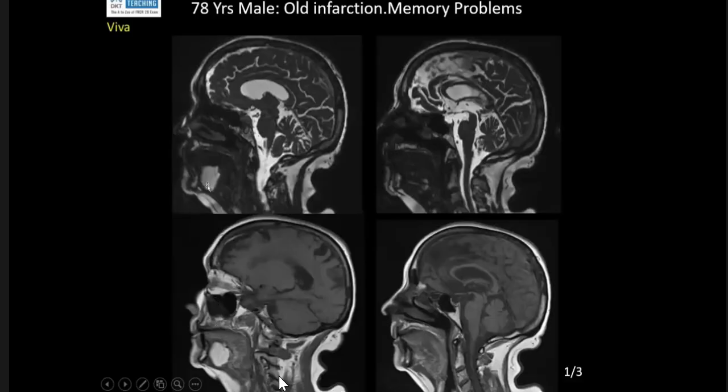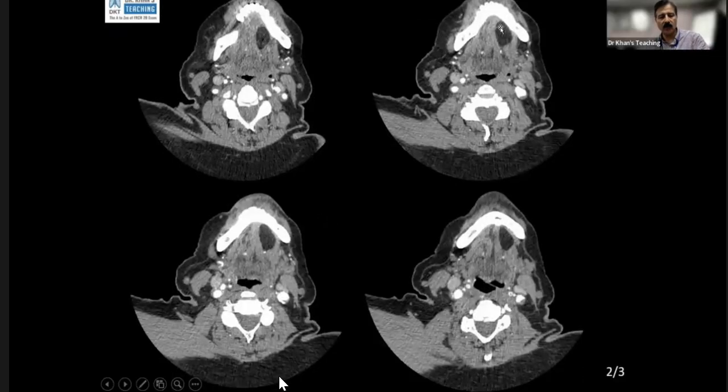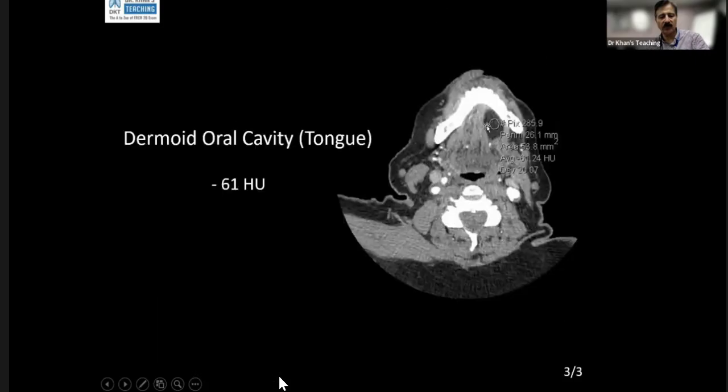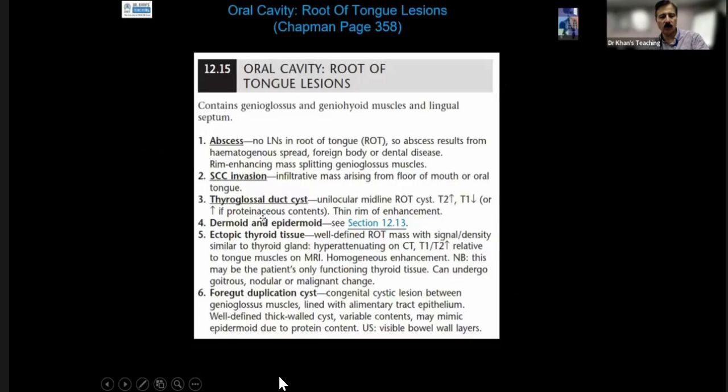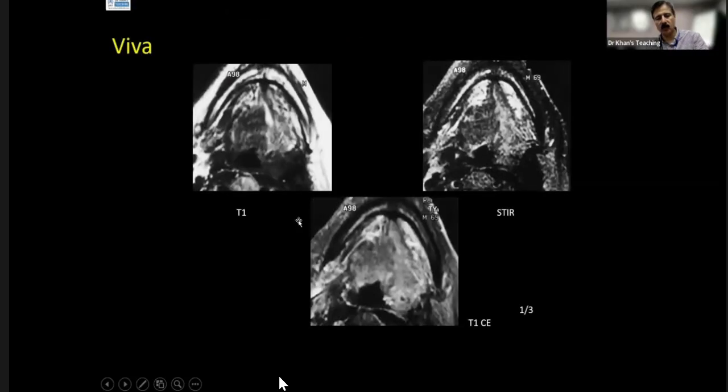So, high signal on T2, high signal on T1, and on CT scan there was of course fatty density, and this fatty density is minus 61 Hounsfield units. Do you see this in your Chapman? Root of tongue lesions, dermoid and epidermoids can happen there. So please remember that oral cavity, dermoids and epidermoids.